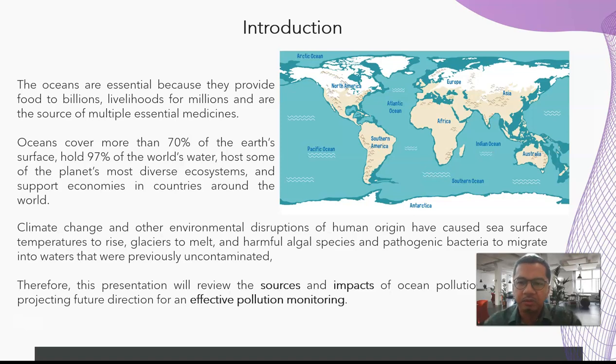So this will likely have an impact on the oceans because of the various contaminations into the world's water. Therefore, this presentation will review the sources and impacts of ocean pollution, as well as project the future directions for effective pollution monitoring.